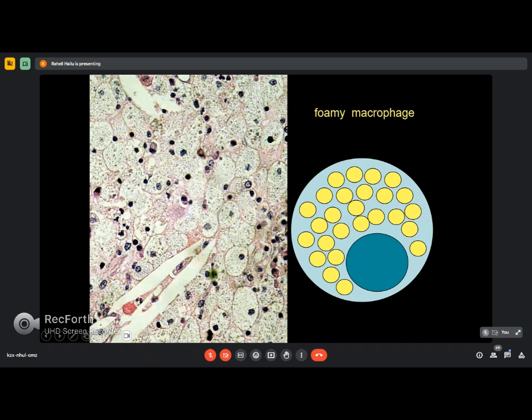So just describing their morphology on histology, the macrophages that have phagocytized lipoproteins are known as foamy macrophages. This is just a morphologic description. In addition to the foamy macrophages, you can see sheets of them here. You can also see other forms of inflammatory cells like lymphocytes here and here and here.